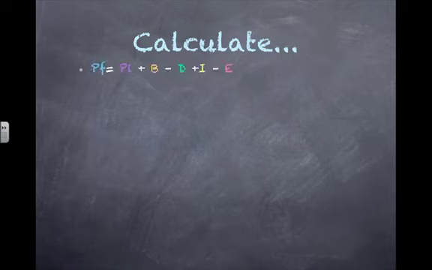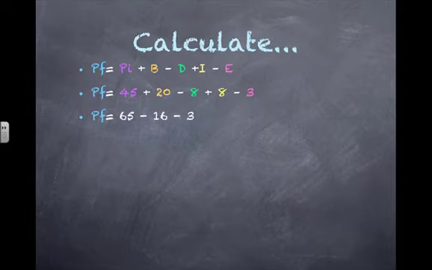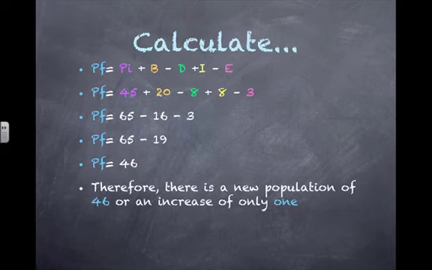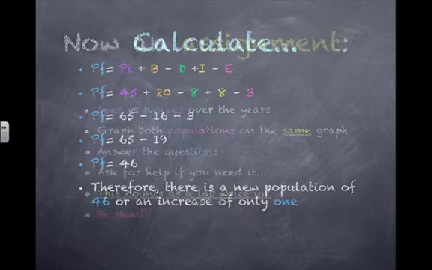So to calculate, basically you take the population of deer, you add the babies born, you subtract the number hunted, you add the number that immigrated, and you subtract the number that ran away because of forest fire. I think that's basically what it is. So we end up with 46 deer. Therefore, there is a new population of 46, or an increase of only 1.